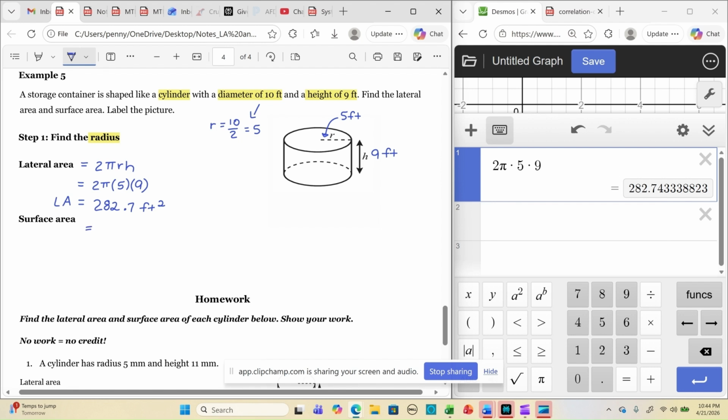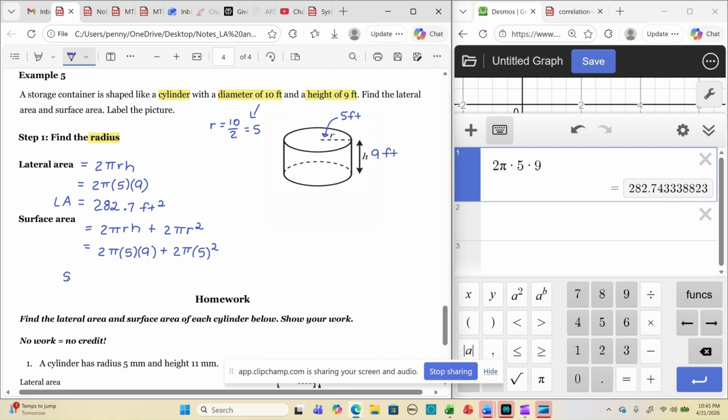Surface area, 2 pi RH plus 2 pi r squared. So I have my 2 pi times 5 times 9 plus 2 pi times radius squared, so 5 squared.